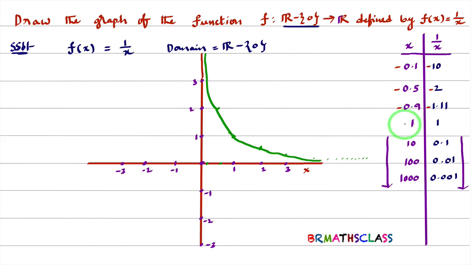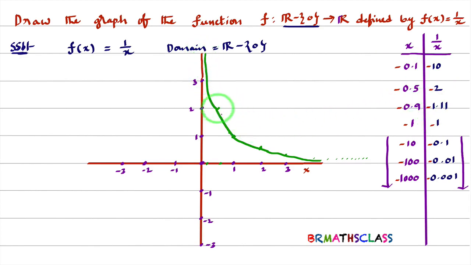When x value is minus 1, 1 by x value is minus 1. When x value is minus 10, 1 by x value is minus 0.1. Like that, you see x value is negative, 1 by x value is also negative. That means x coordinate is negative, y coordinate is also negative. That means this graph will be in third quadrant.